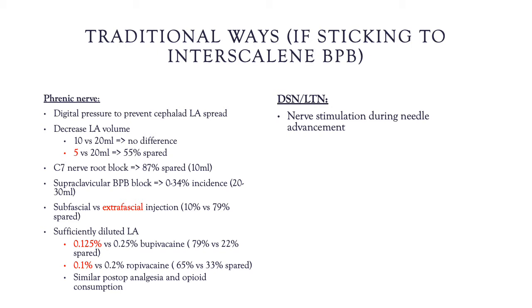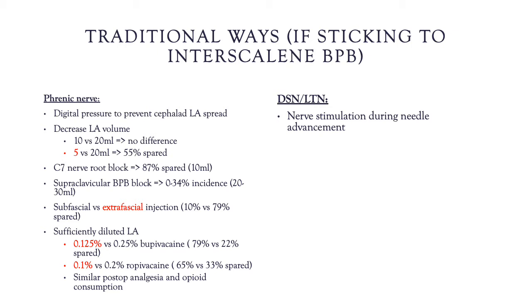In the past, people also tried extravasal injection compared with subvasal injection. However, around 20% of the cases still blocked the phrenic nerve. Lastly, some people would do the supraclavicular brachial plexus block, but the incidence can still be up to 34%.